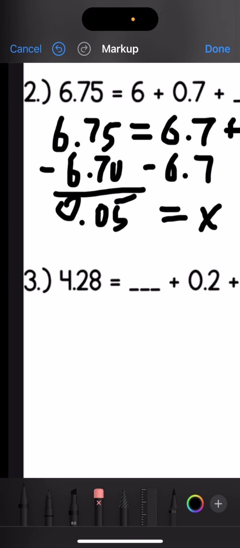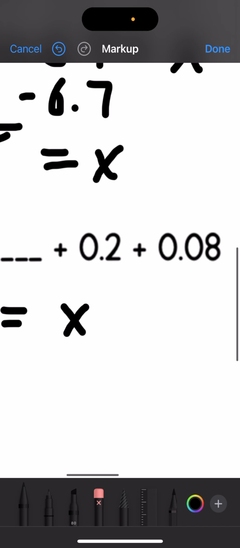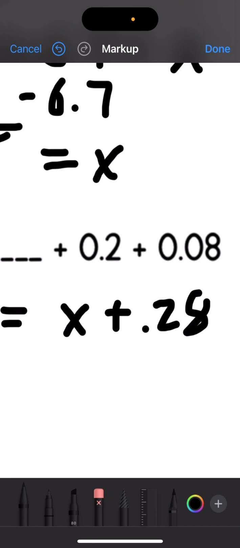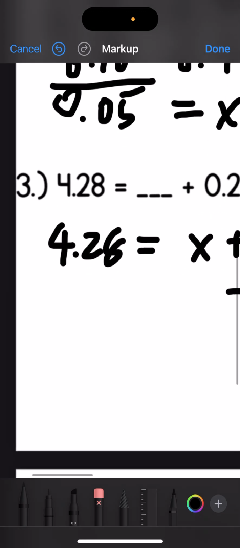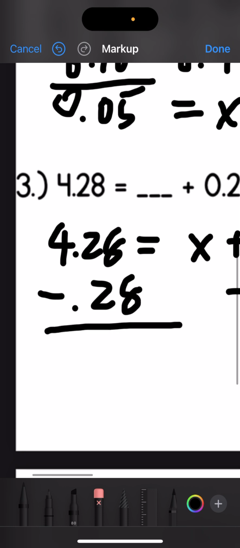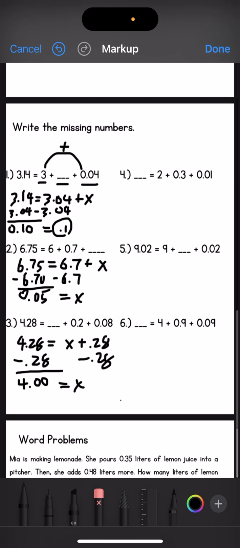Okay, number 3, 4.28 is equal to x plus 0.28. We're going to subtract 0.28 on both sides. Make sure you line up the decimal and the correct digits. We get 4.00 is equal to x.